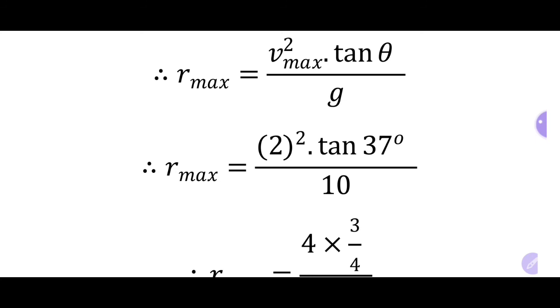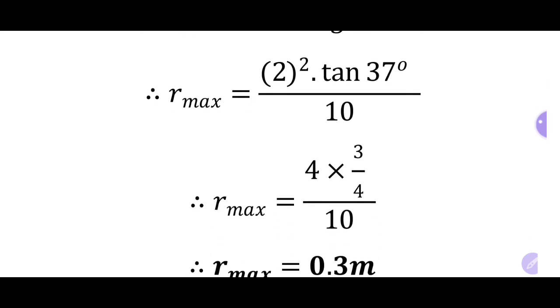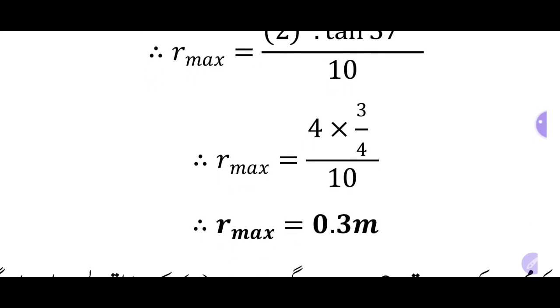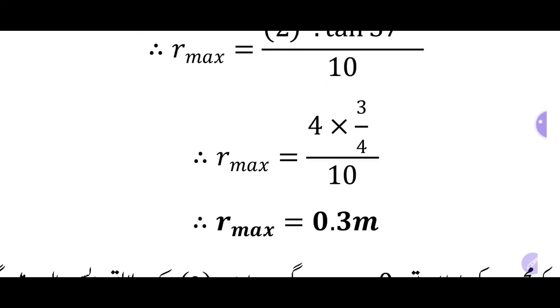Putting in the values, R max is 4 into tan 37, which is 3 by 4, divided by 10. The 4 and 4 get cancelled and we get 3 by 10, so the maximum value of radius is 0.3 meter. So R max is equal to 0.3 meter.